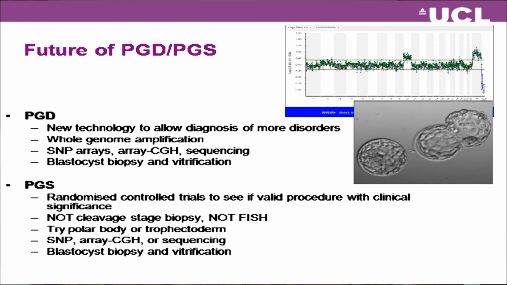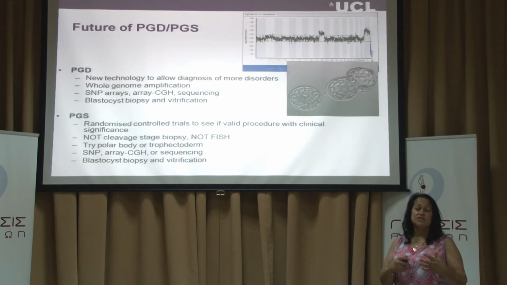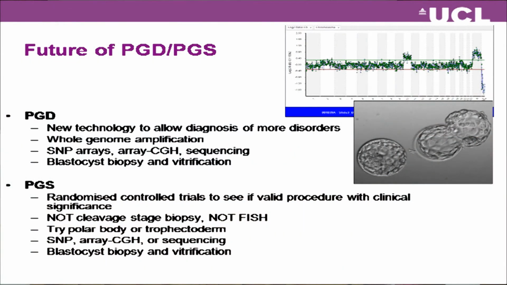So vitrification is important for 2 reasons. The first is that it's becoming popular now to biopsy the blastocyst or the cleavage stage embryo, then vitrify the blastocyst, and then take 1 or 2 months to do the diagnosis and transfer any normal embryos back to the woman in a future cycle.